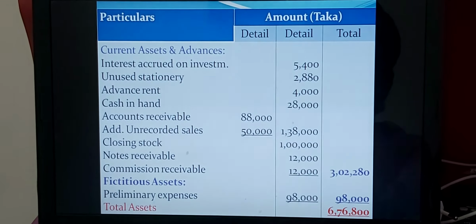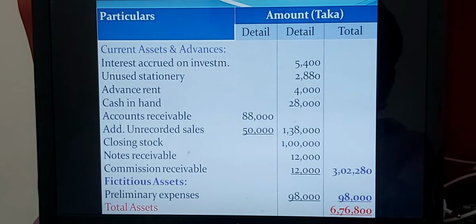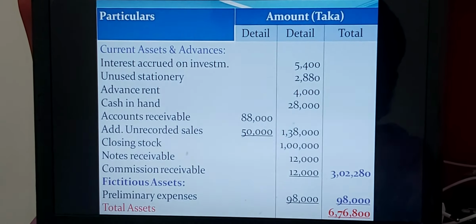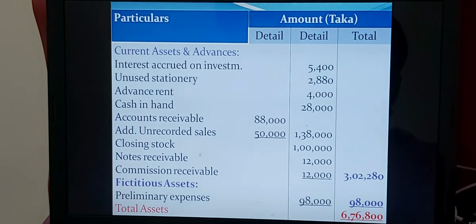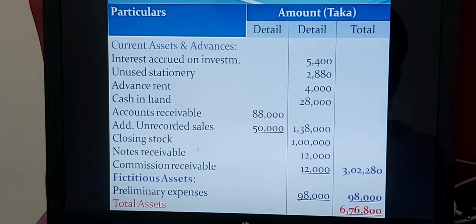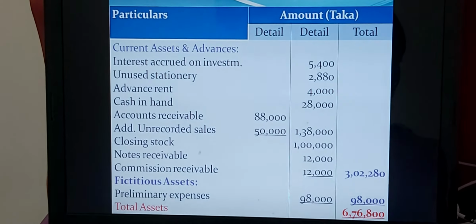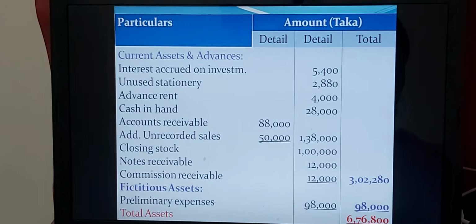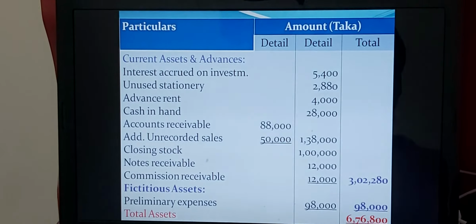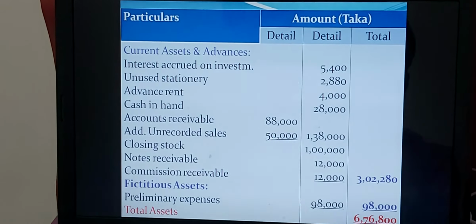Fictitious asset and total amount 98,000. At this moment, total assets of business, that is the Dolphin Company Limited, is 6,76,800 only. Again, I am telling, total assets of Dolphin Company Limited is 6,76,800.